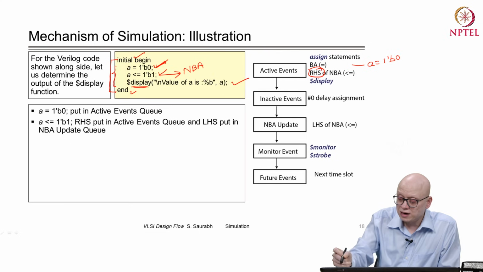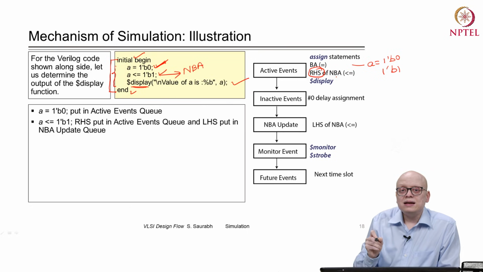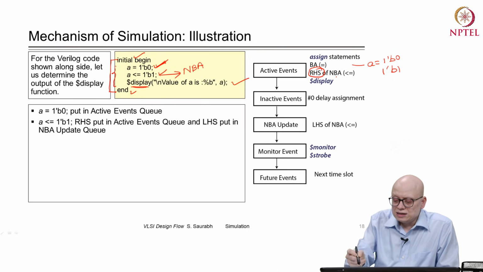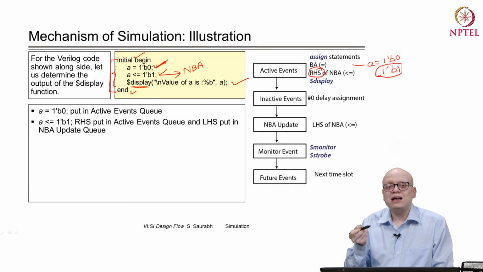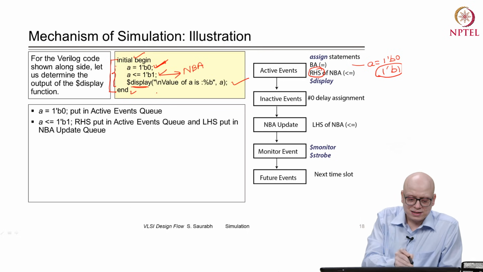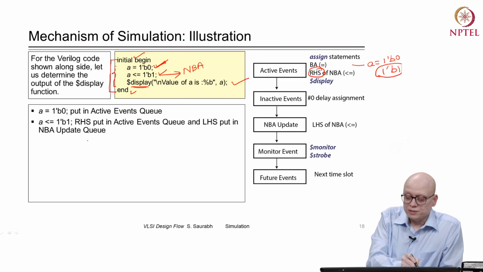The RHS part is 1'b1. Whenever this RHS is processed, it says that the LHS will become this value whenever it is processed. So this RHS will not be re-evaluated later on, right. Whenever it is processed, the RHS will be put in the active event queue and the LHS part in the NBA update queue.